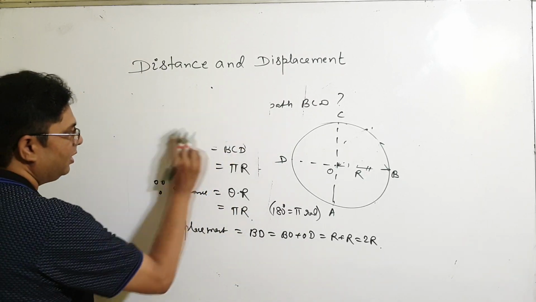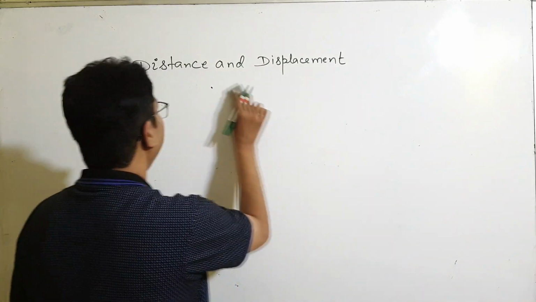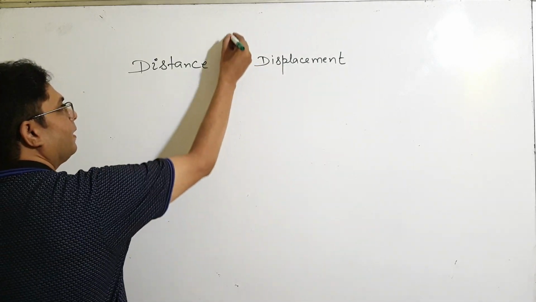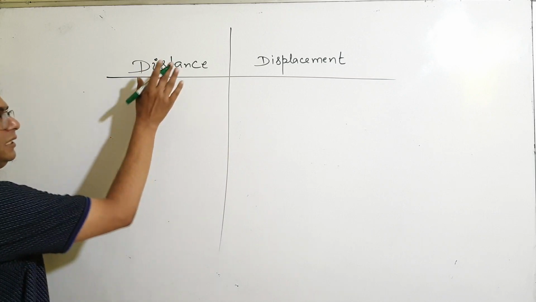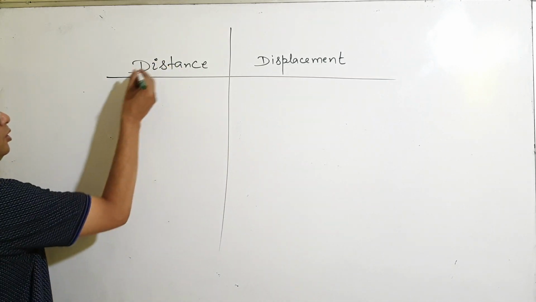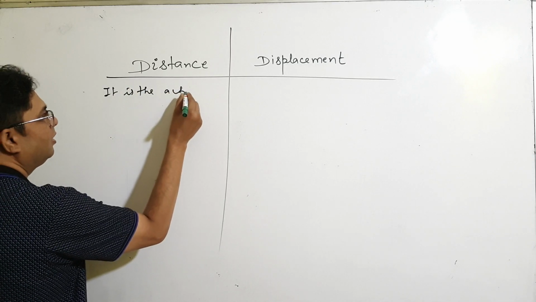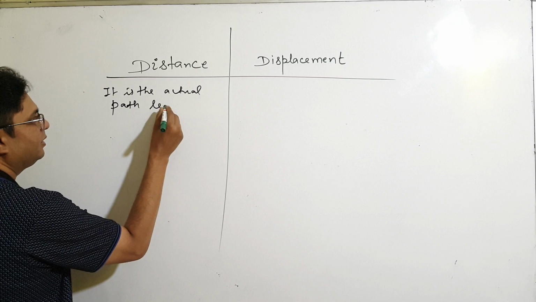So if you want to distinguish between distance and displacement, this can be done as follows. Distance is the actual path length.